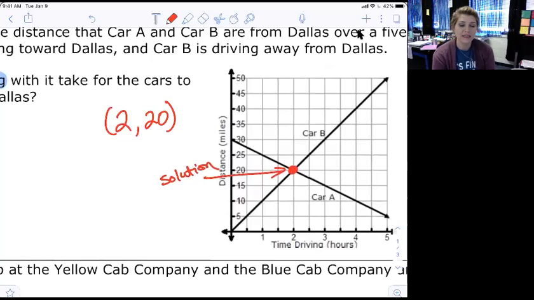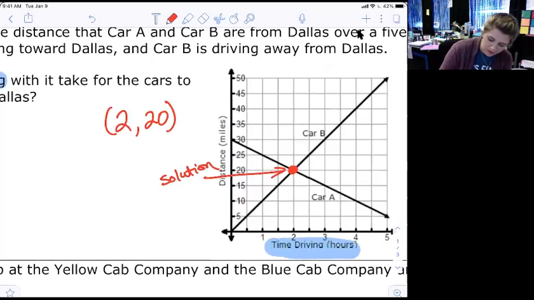Now your goal is to figure out what each of these things mean. So grab your highlighter and let's highlight our X values. Our X's are going to represent the time driving in hours. So I'm going to come over here and in parentheses, I'm going to put hours. Can't type today or write today.